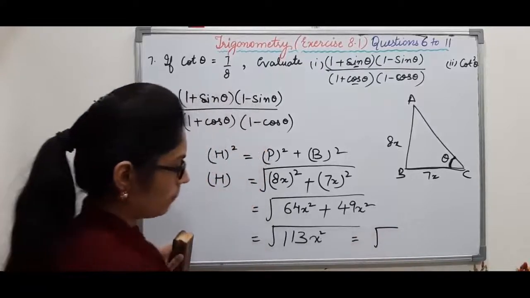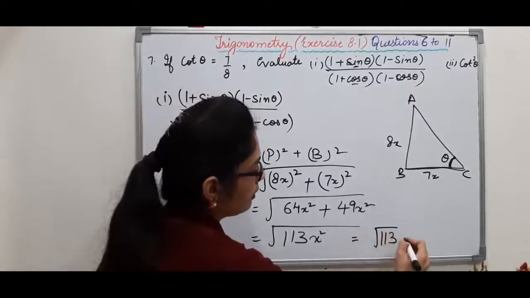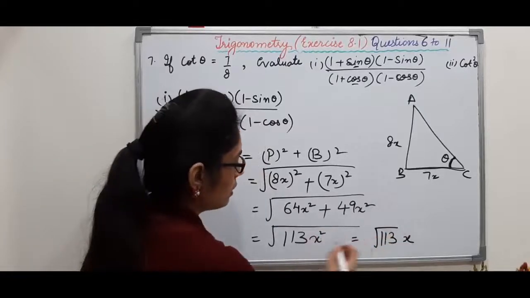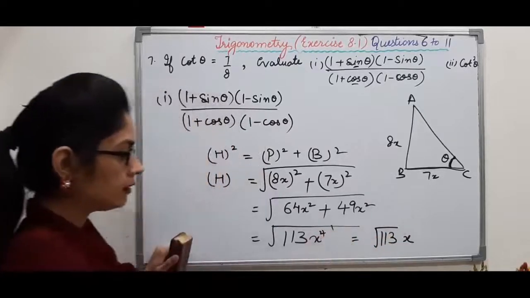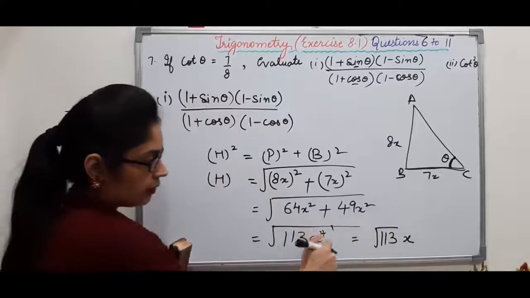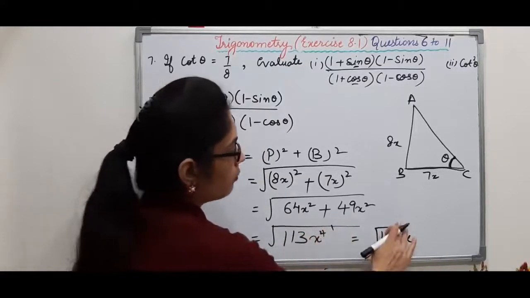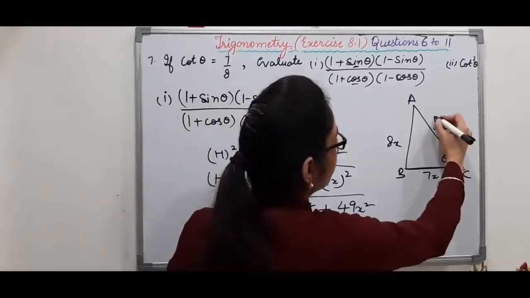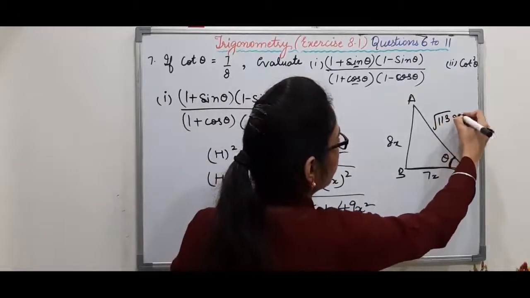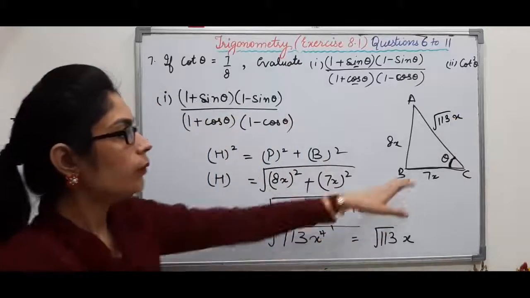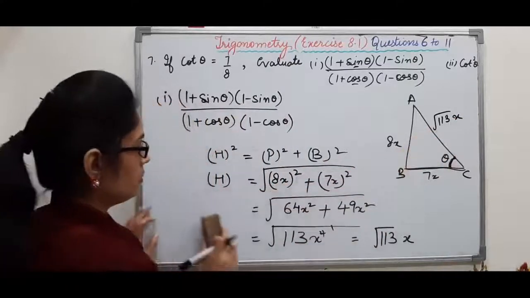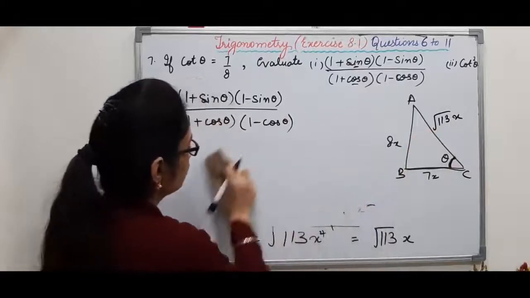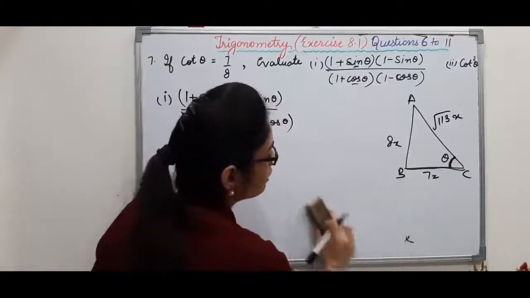So we get root 113 into x. This x will not come under the square root because the square of x has been cancelled with the root. So we have under root only 113. We have got the value of the hypotenuse: root 113 times x. Now we have the values of all the sides of the triangle.